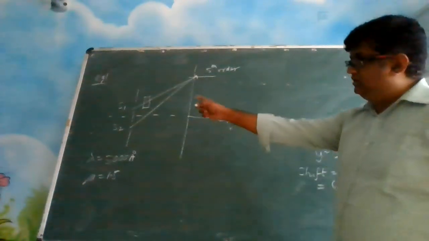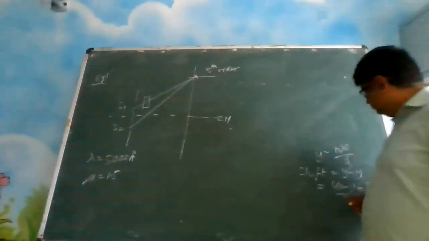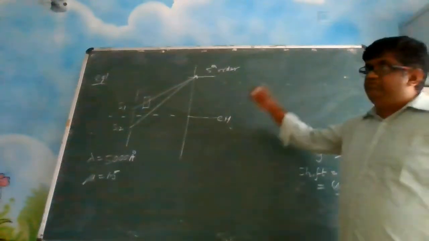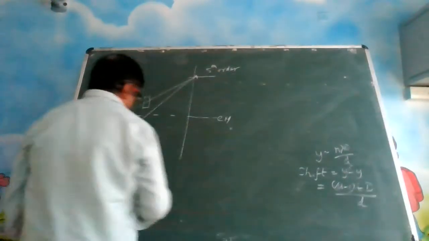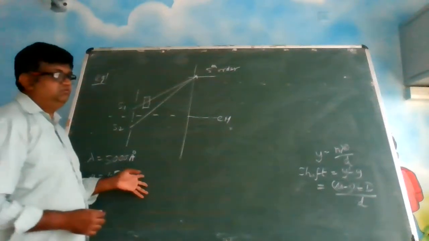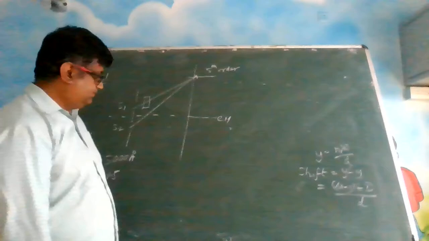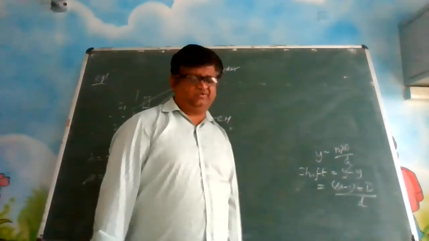And second, because there is no n in the expression, it also doesn't matter. You can write it this way: the shift of the fifth order is equal to the shift of the 11th order.